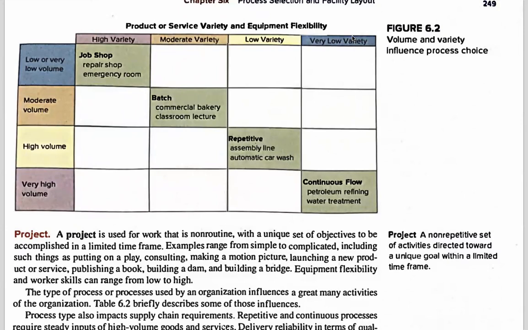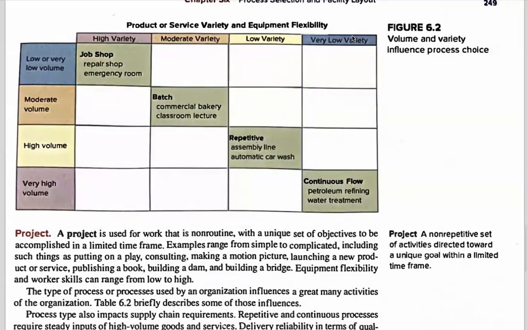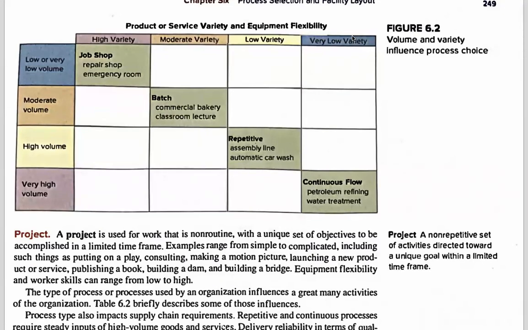It cannot be subjected to water purification. So these are four types of processes. And as you can see, the type of process that we select depends upon what the characteristics of a process are, and also what type of resources are available.